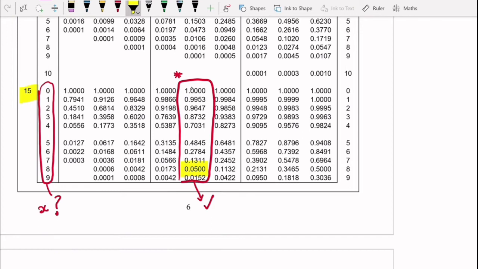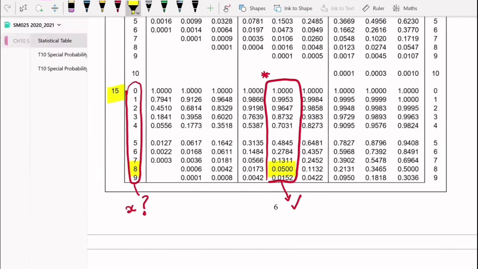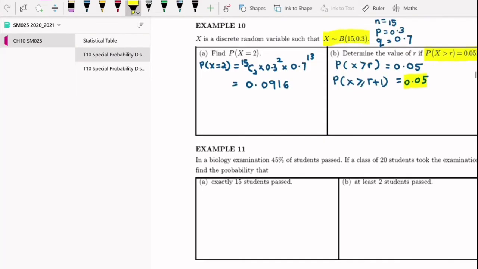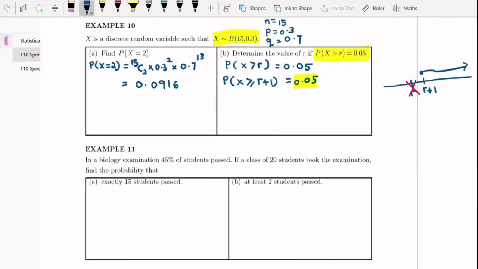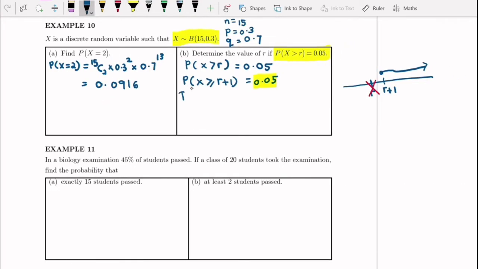So from here, when x is greater equals to 8, the probability is 0.05. So from table, probability x greater equals to 8 is equals to 0.05.